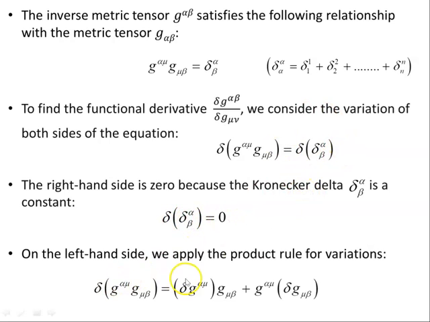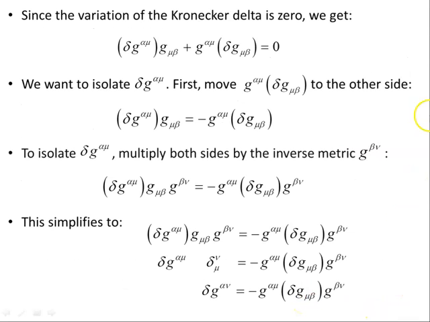On the left-hand side, though, we apply the product rule for variations, and delta of that product is delta of the inverse metric times the metric plus the inverse metric times the variation of the metric. Since the variation of the Kronecker delta is 0, that means that all of that is equal to 0.